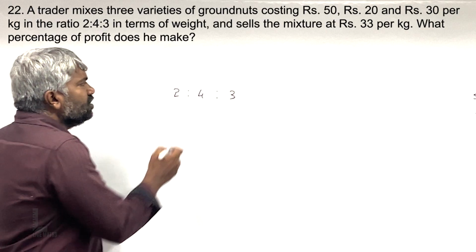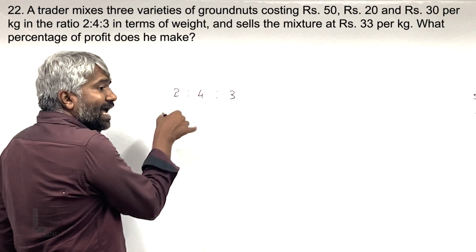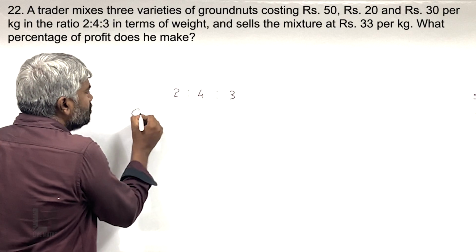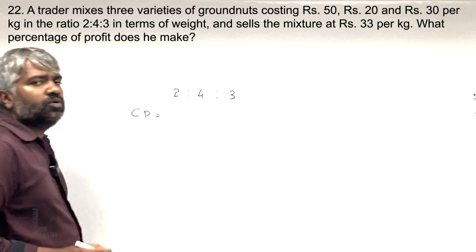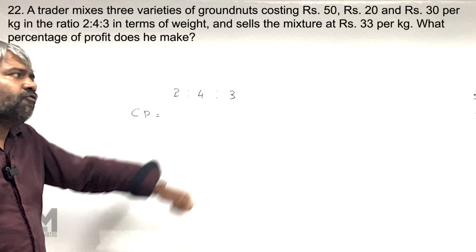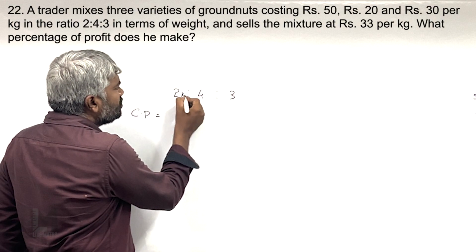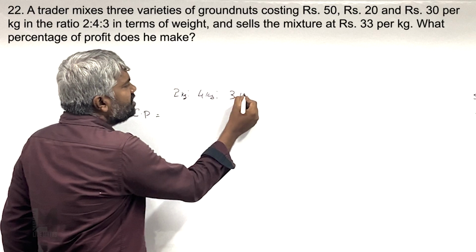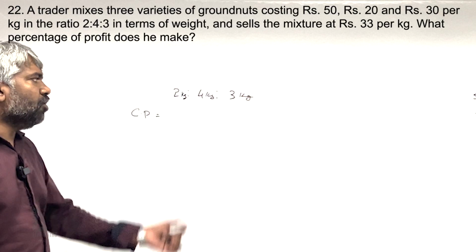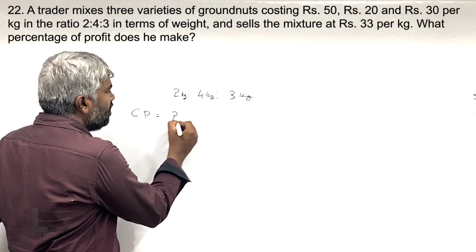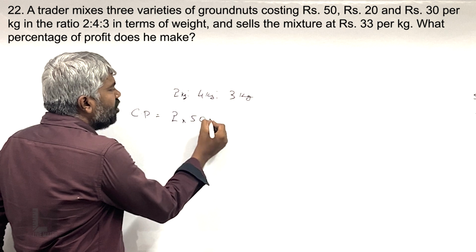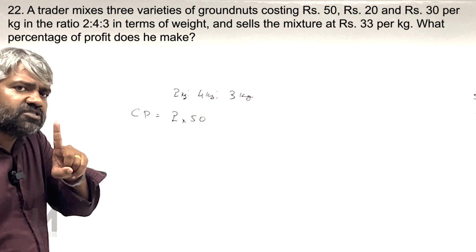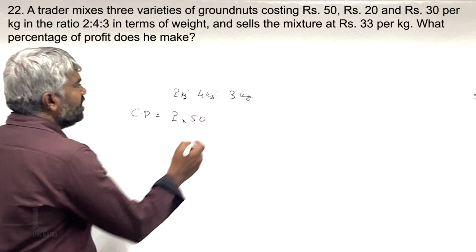Now I am going to calculate the total cost price, right? So total cost price equal to, it is in the ratio of 2:4:3. I will take it as 2 kg, 4 kg and 3 kg. Now the first groundnut is 50 rupees per kg. Cost price of first groundnut is 50 rupees per kg.